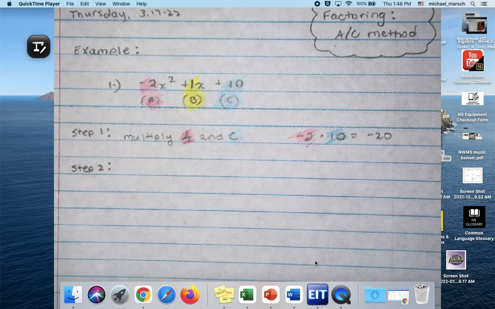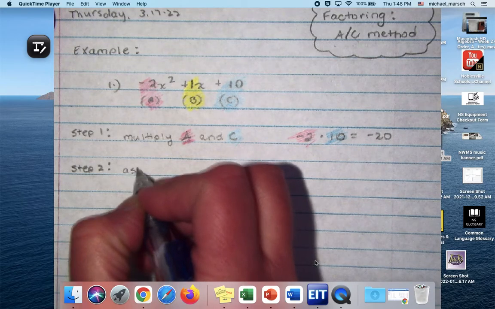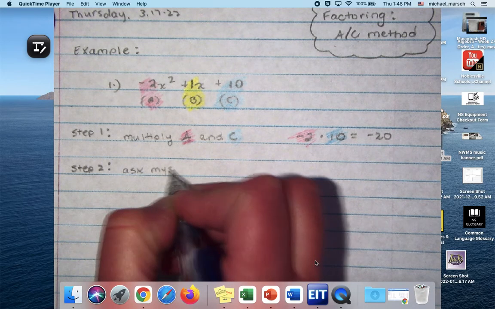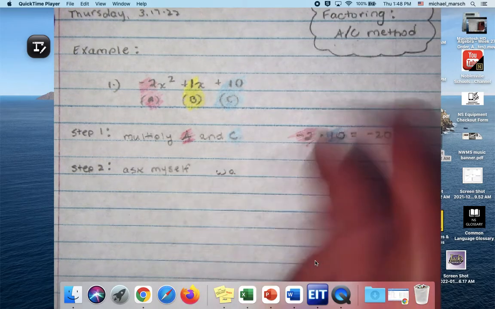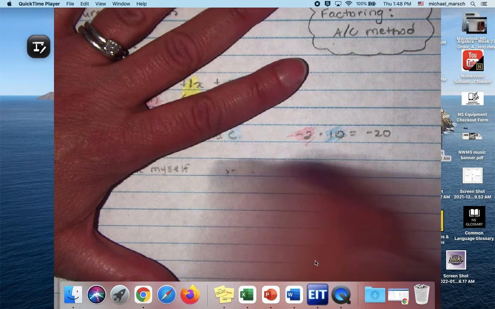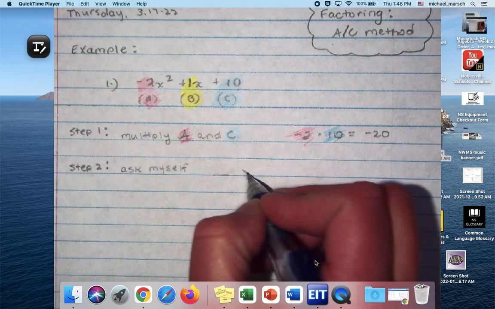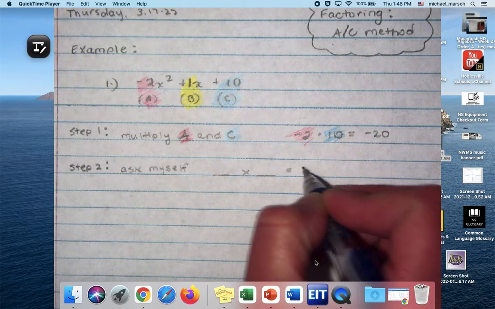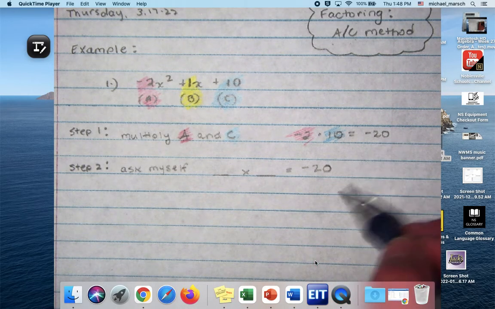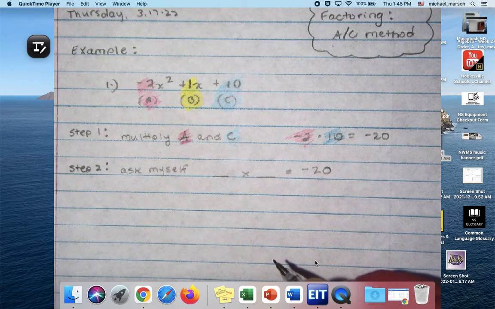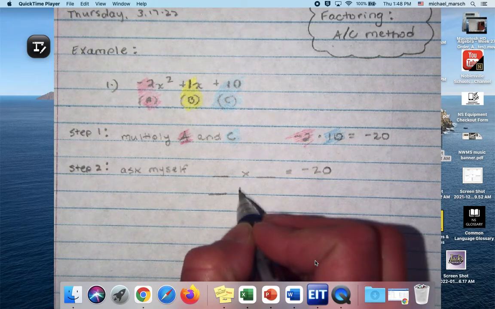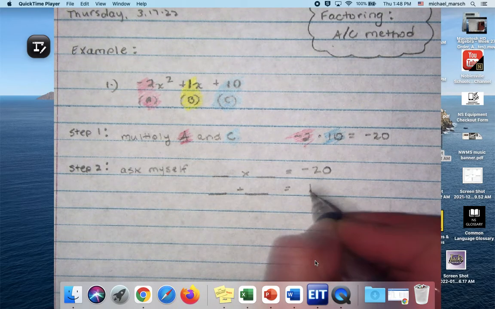Step 2. Ask myself, what times what equals that negative 20 that I just created? And then what plus what equals 1?